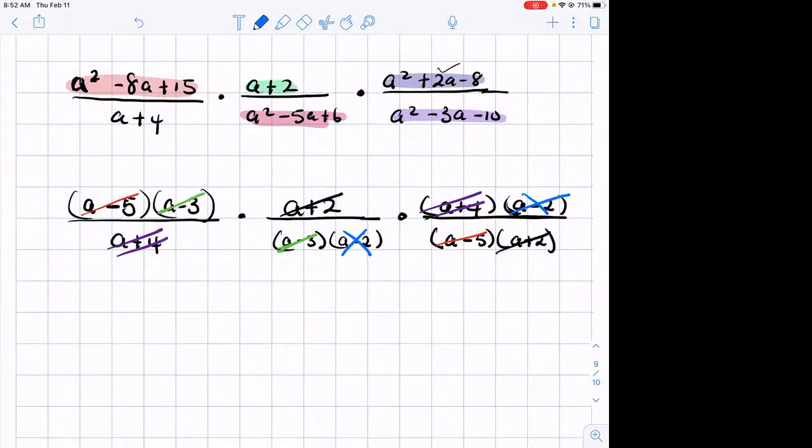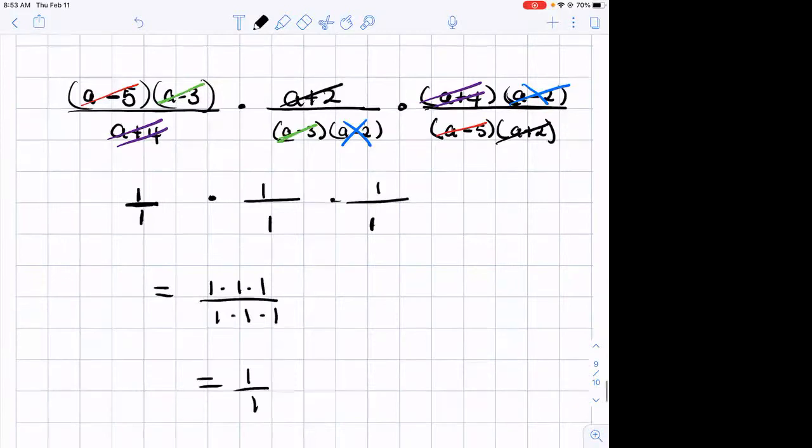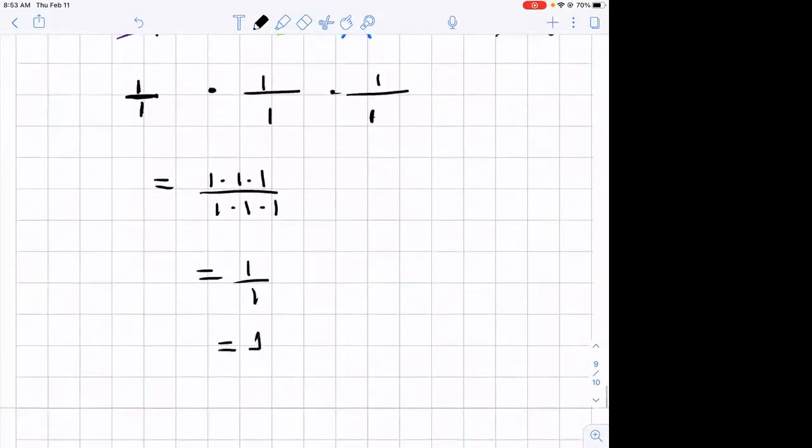So what do we have left? We have 1 over 1, times 1 over 1 again, times 1 over 1 again. Everything basically canceled out. So this leaves me with 1 times 1 times 1 over 1 times 1 times 1, which is equal to 1 over 1, and that is equal to 1.